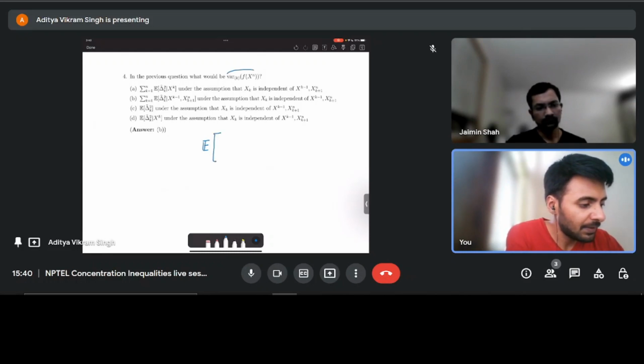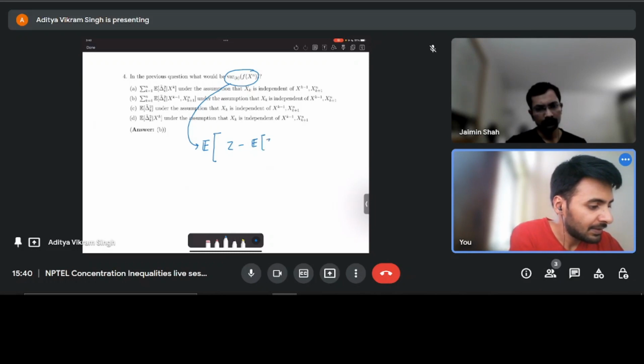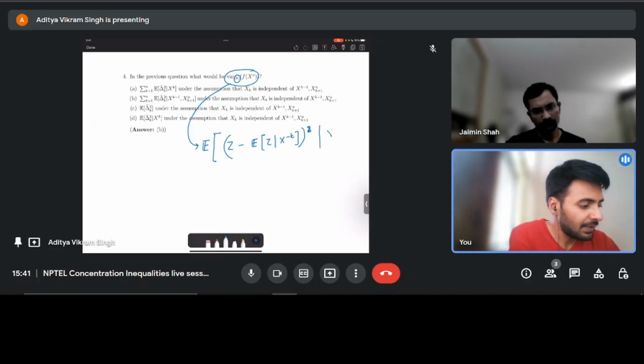This would be z minus the expected value of z given everything else except k, right? Because if we are fixing the k, this variance is given the entire thing, given x of minus k. So this is this variance.